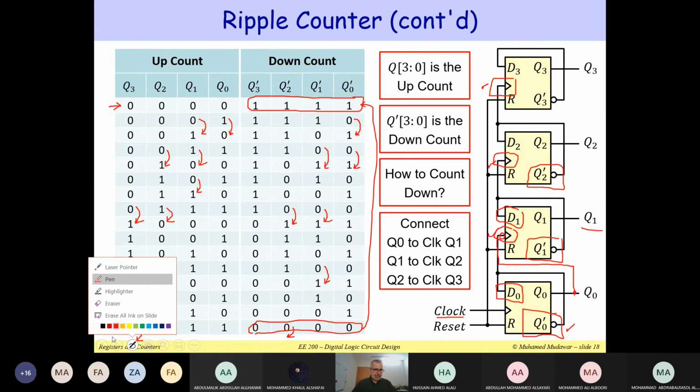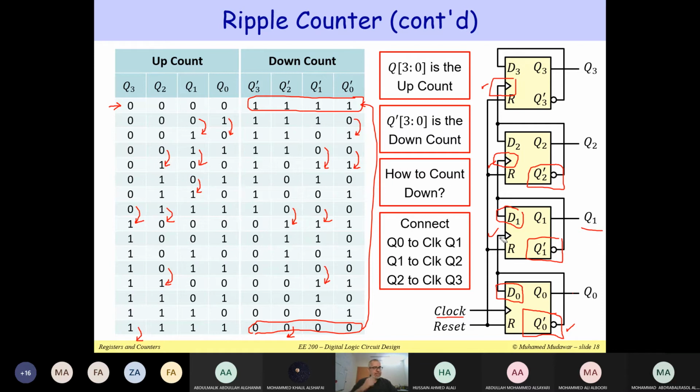Is this clear? Yeah, but if we don't use the inverter, we don't use the negative edge for Q0. Let me put it this way. If you are using positive edge triggered flip-flops, then you have to connect Q0 prime. If you are using a negative edge and you would like to count up, we don't want to change the counting, we are going to count exactly the same thing, then you have to connect Q0 to a negative edge triggered flip-flop.